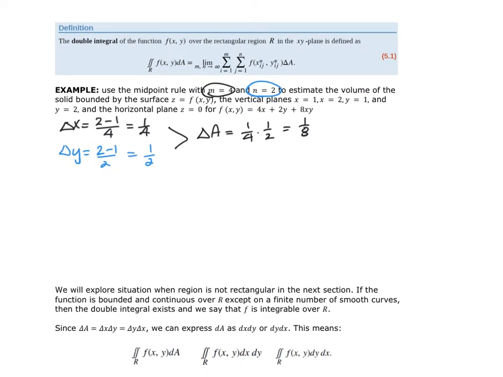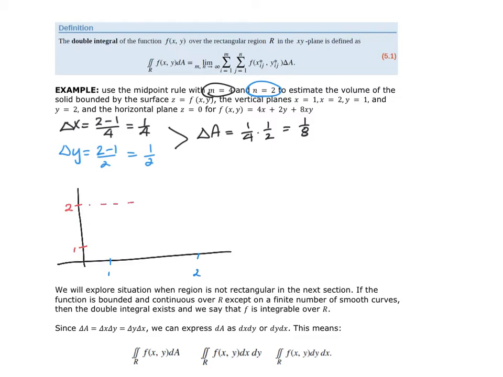Now I'm going to go ahead and draw the rectangular region so I can get all of the appropriate ordered pairs that I'm going to need. Now in my xy plane, I start with the x value being 1 and I end with it being 2. Of course, it's not to scale, so I'm scaling it to make it easy for me. And then my y values go from 1 to 2.